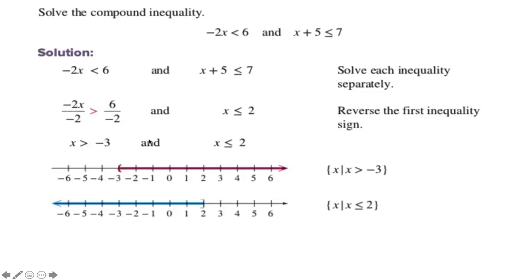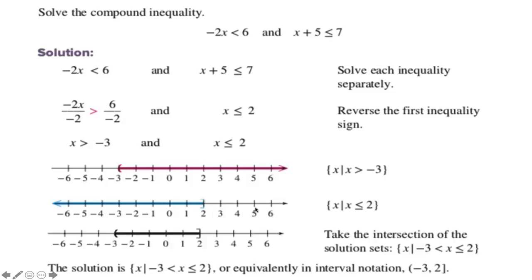So I want an AND: bigger than -3 and less than or equal to 2. The points that are in both are between -3 and up to including 2. So the intersection is exactly these points. And notice either the set notation or the interval notation.